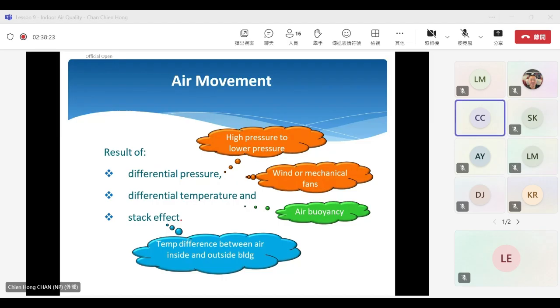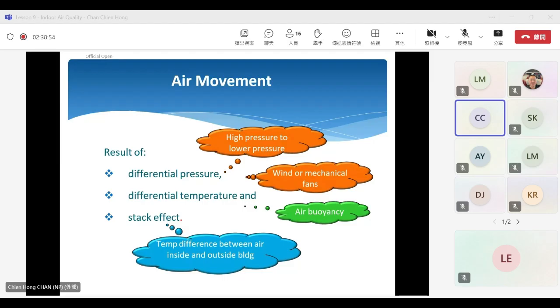As I mentioned, the way the air is going to move into your building or exit the building depends on the air pressure. It also depends on the stack effect. Stack effect means hot air will rise, cold air will sink.